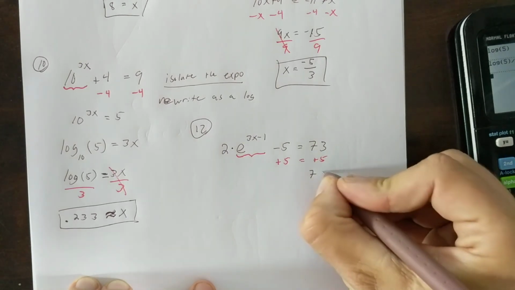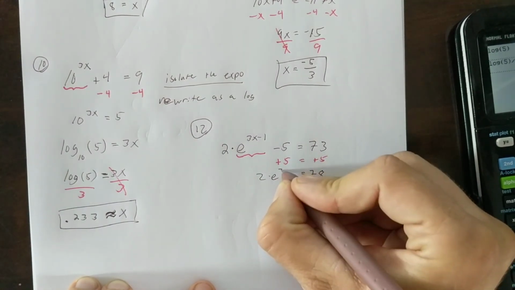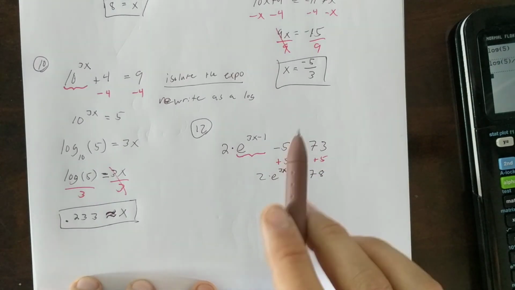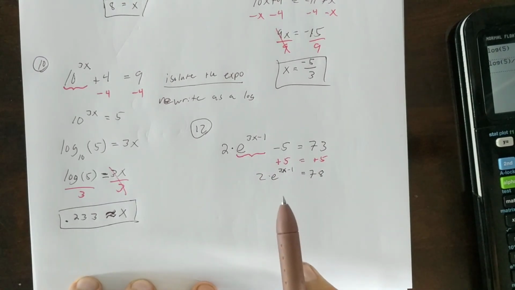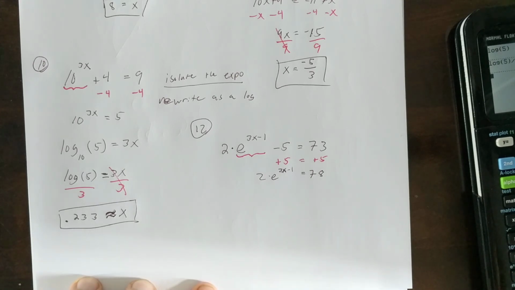That's going to give me a 78 over here, and 2 times e to the power of 3x minus 1. All right, so again, I just need to isolate the exponential.